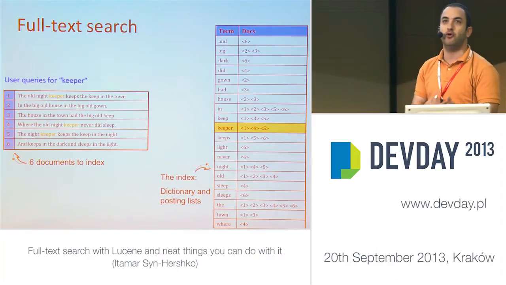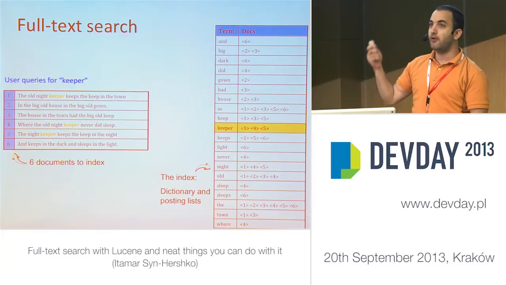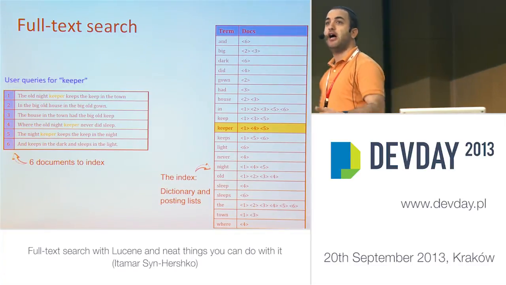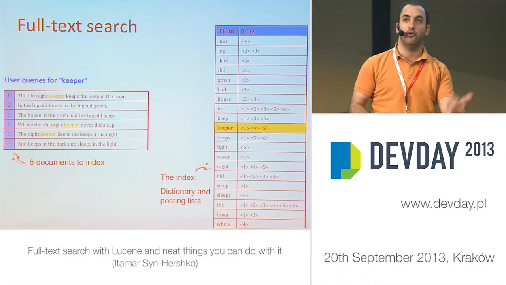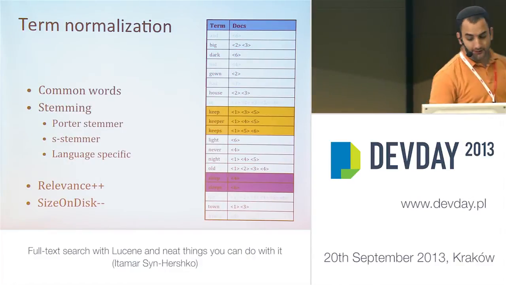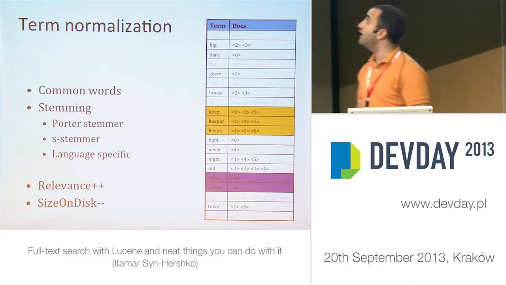I didn't do any normalization whatsoever to the actual term here. So if you would want to find keep or keeps, you would have to perform an explicit query on those terms as well. So this is exactly the topic of term normalization. We are going to discuss this a bit more later.